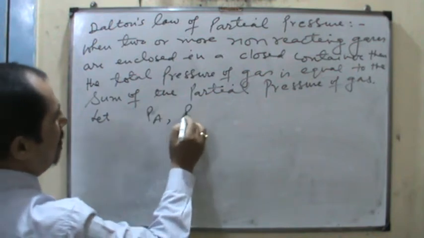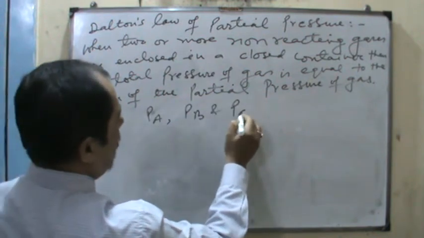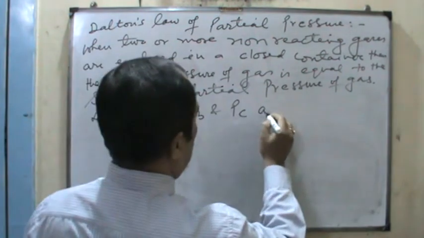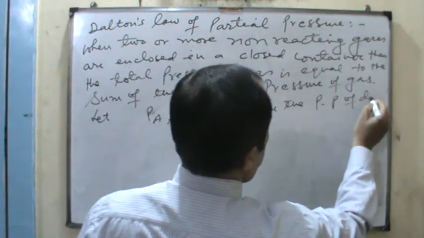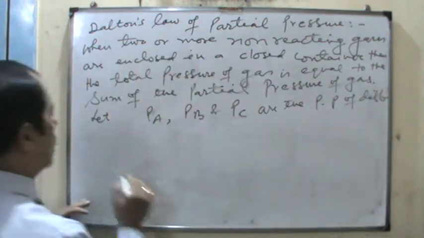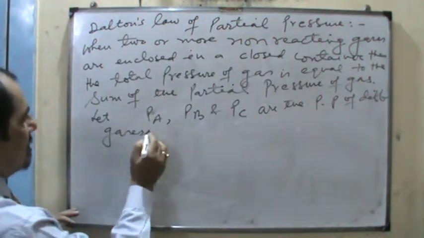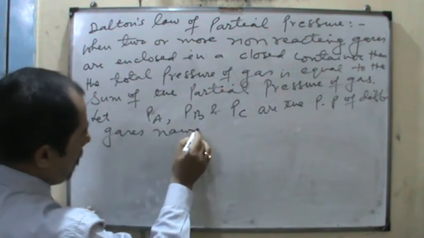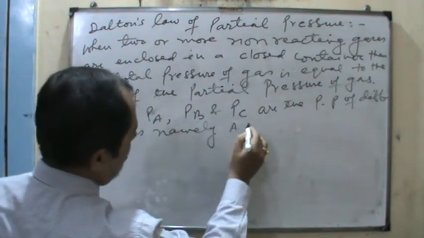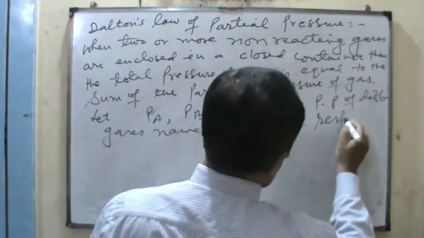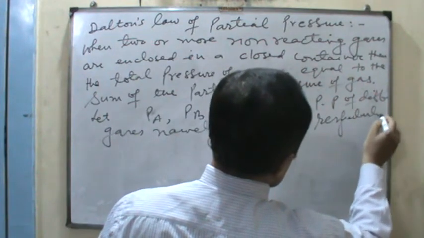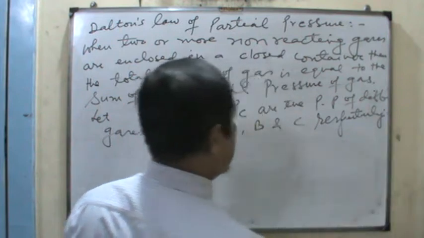Let PA, PB and PC be the partial pressures of different gases, namely A, B and C, respectively.